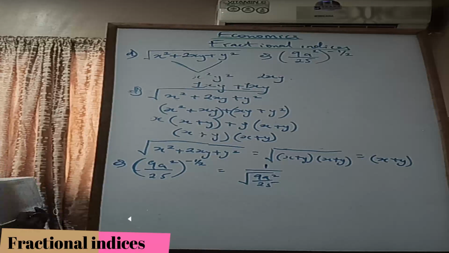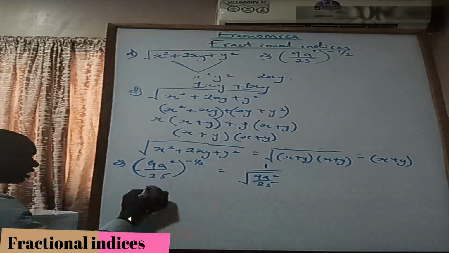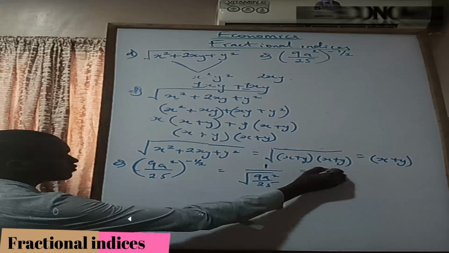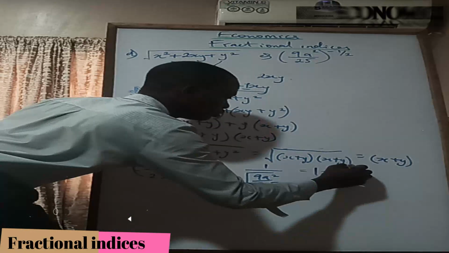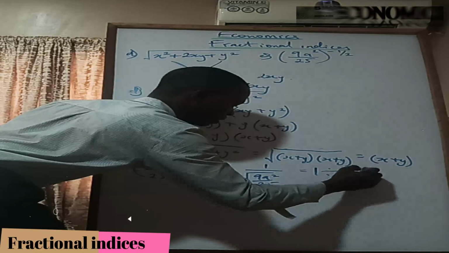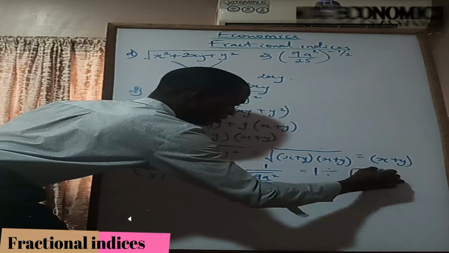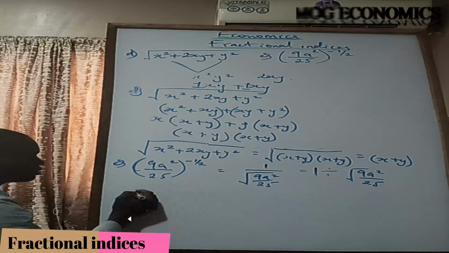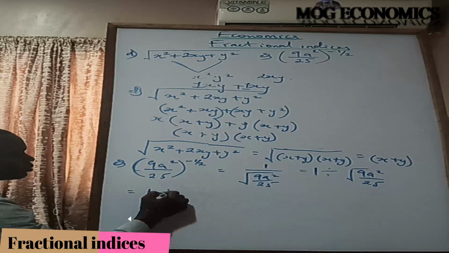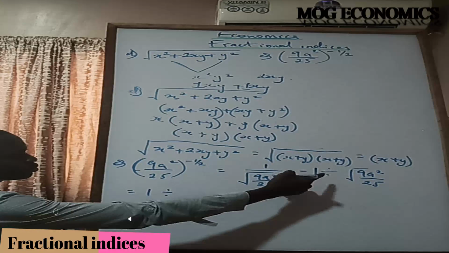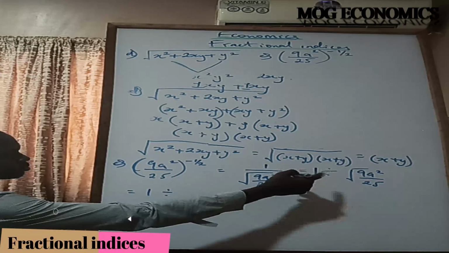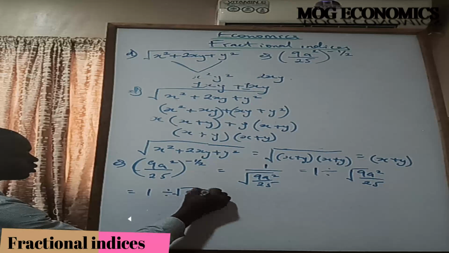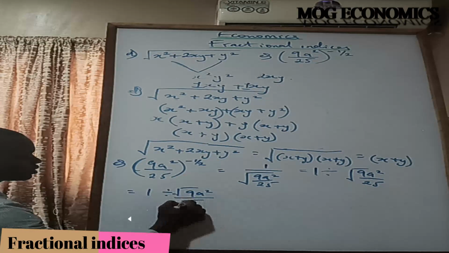So that equals 1 divided by root 9a squared over 25. Let me simplify it: root 9a squared over root 25.